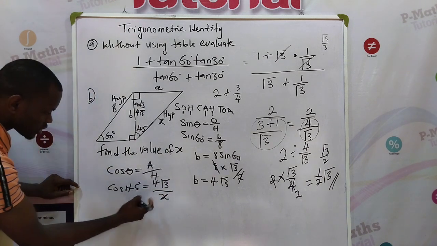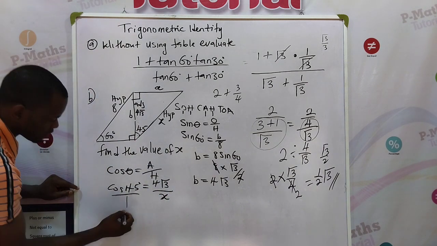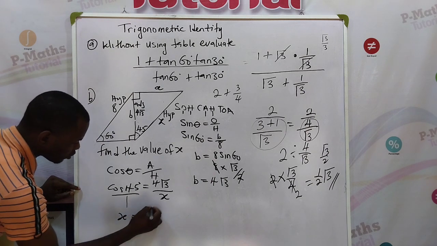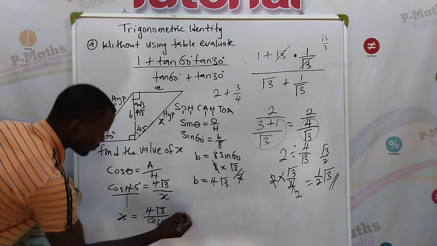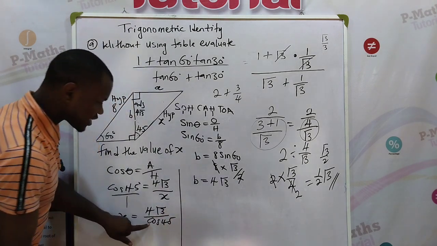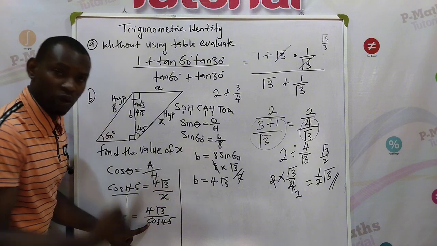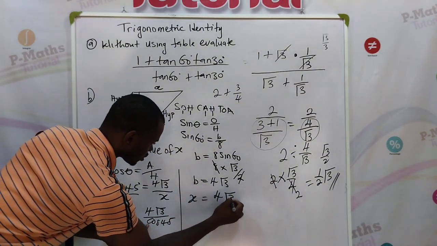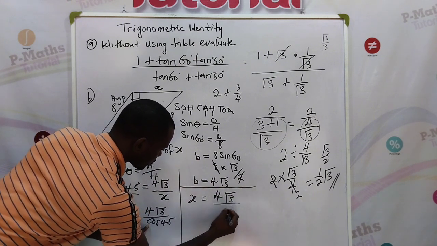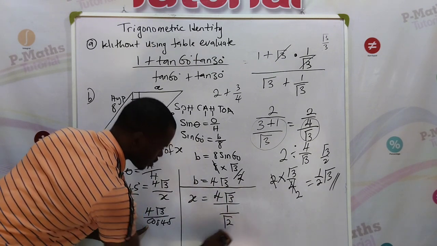Okay. Then we cross multiply. That means our x will be 4 root 3 over cos 45. And the trigonometric identity of cos 45 is 1 over root 2. So I'll be having x equal to 4 root 3 over 1 over root 2.